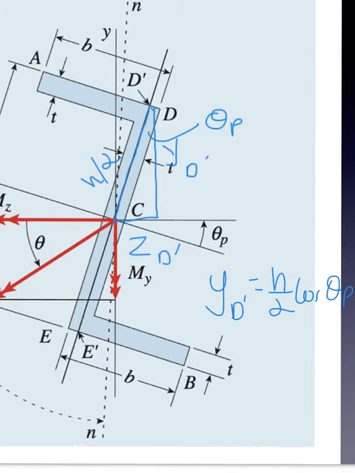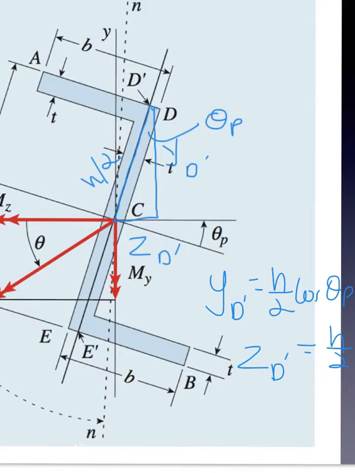And z D prime, I keep referring to it as x, but it's supposed to be z, is equal to h over 2 the sine of theta p. Okay, and basically that's it. This is really basic analytical geometry, Pythagoras, from very basic mathematics.